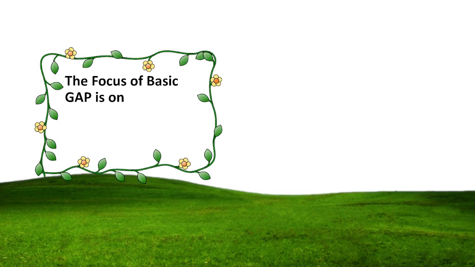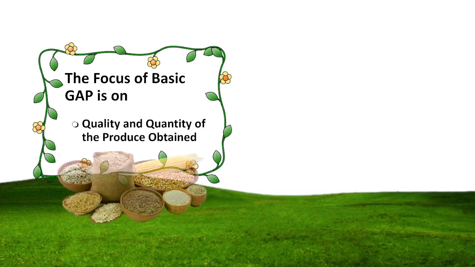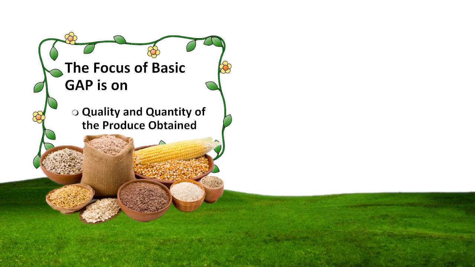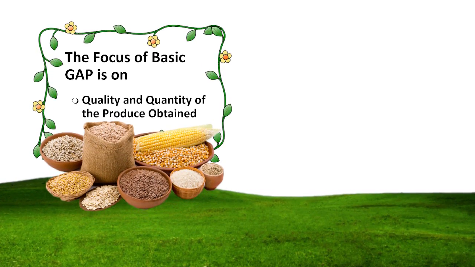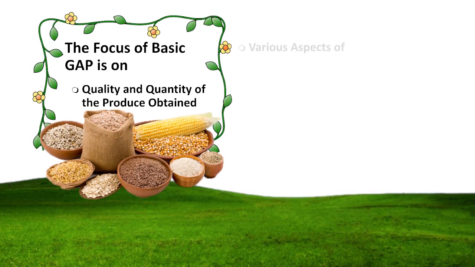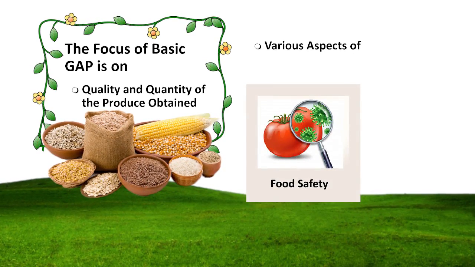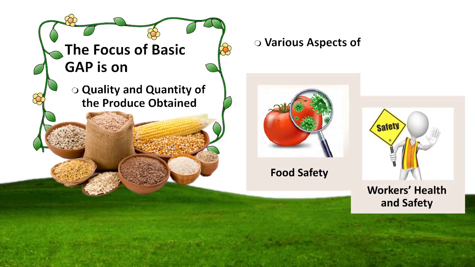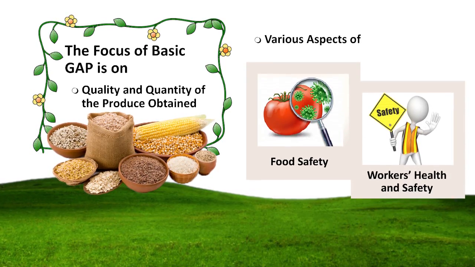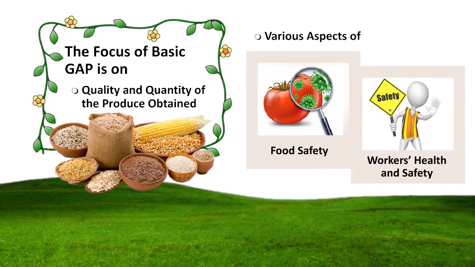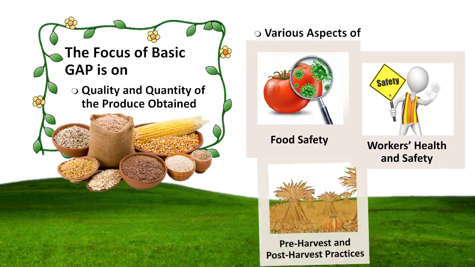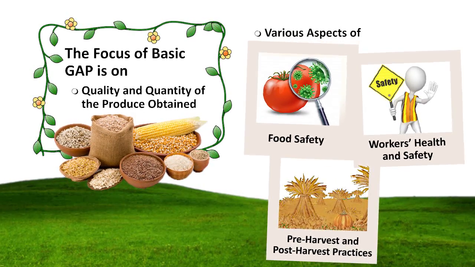Therefore, the focus of basic GAP is to address not only the quality and quantity of the produce obtained from a unit area, but also various aspects of food safety, including workers' health and safety, to ensure a sustained supply of produce of the desirable quality, pre-harvest and post-harvest practices.